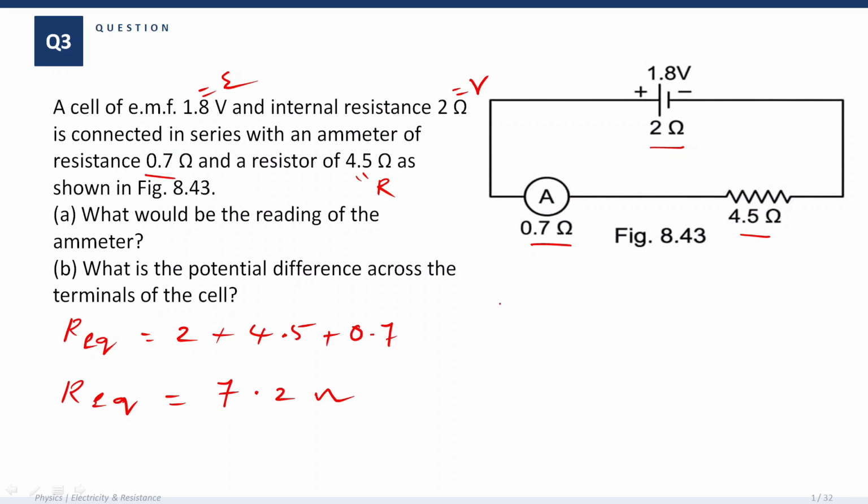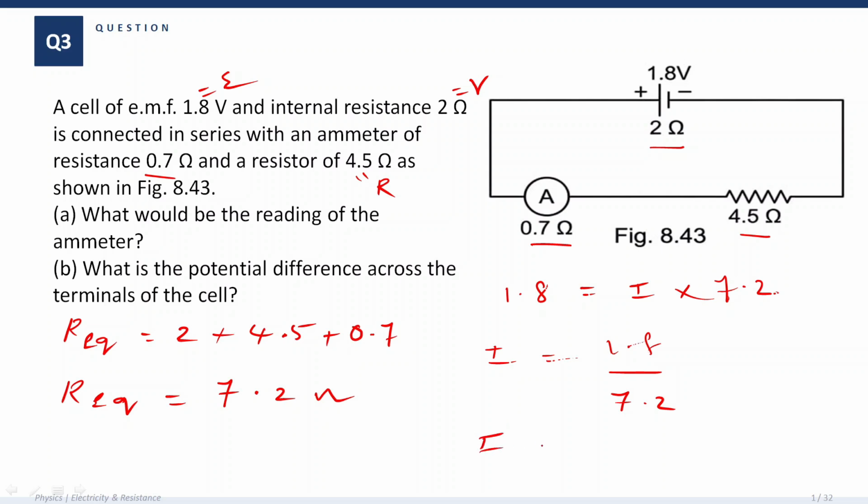So I will use Ohm's law to find the current in the complete circuit. Electromotive force given 1.8. So 1.8 equal to I, we don't know, R is given 7.2. I equal to 1.8 by 7.2.